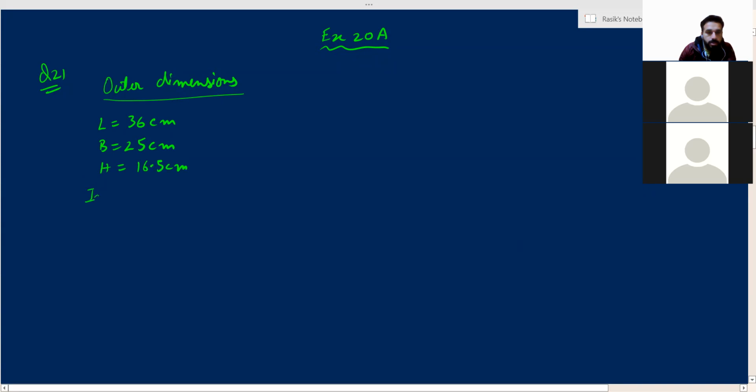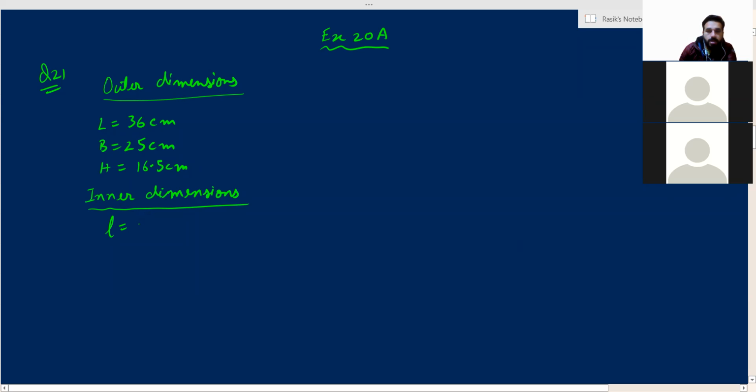Now the internal dimensions. How will you find small l? The thickness of the iron that is used in the box is 1.5 centimeter.